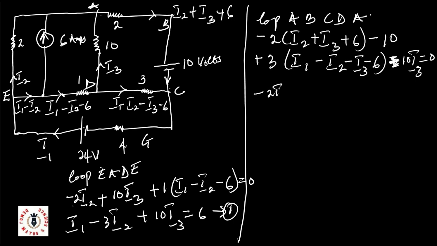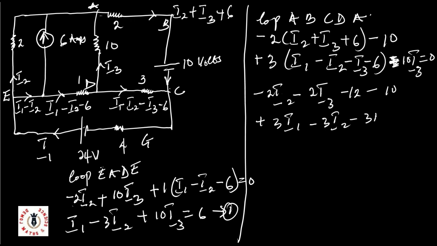That will be minus 2 I2 minus 2 I3 minus 12 minus 10 plus 3 I1 minus 3 I2 minus 3 I3 minus 18 minus 10 I3 equals 0.